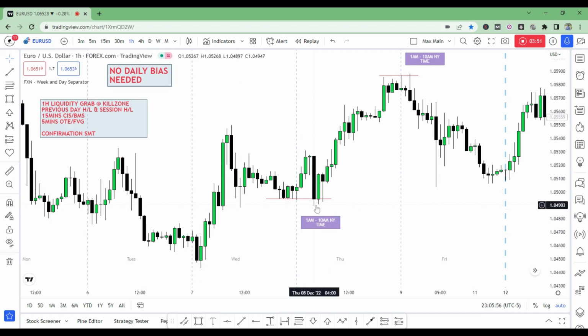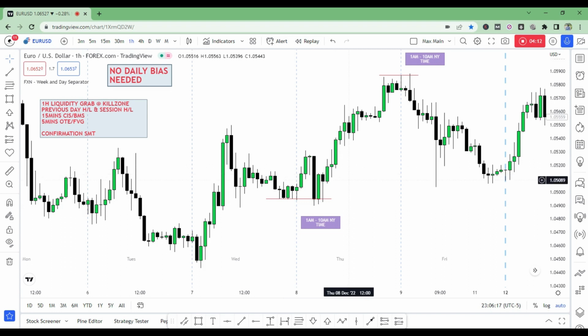Once they're taken out, you don't want it to close below. You just want to see it grab the liquidity and run away from it. That's what I mean by liquidity grab. So you want to see the market just come down and poke that low and then start reversing. That is essentially how I trade this strategy.